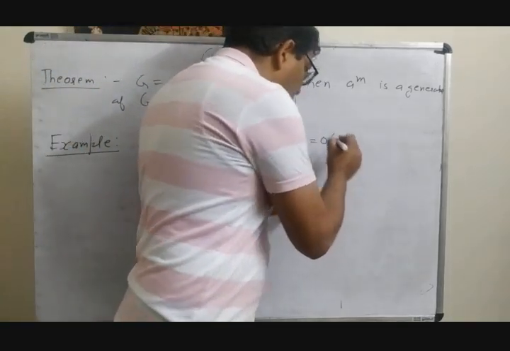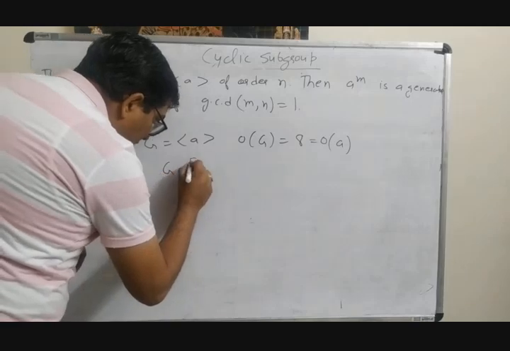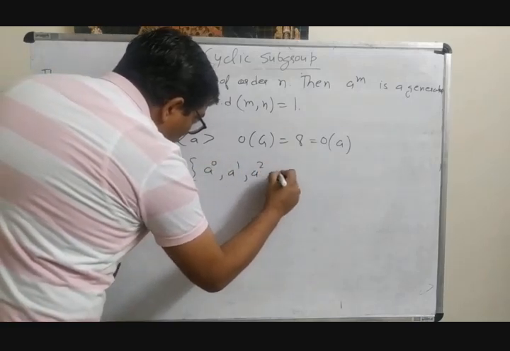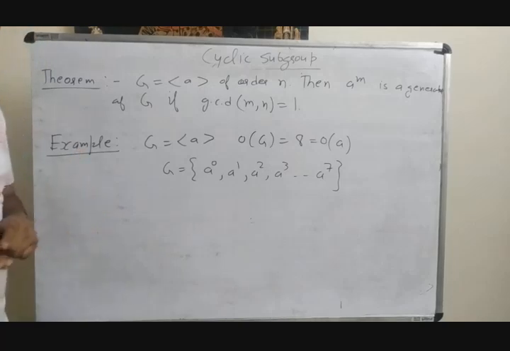So it must be the order of A also. So what is G basically? G is A raised to power 0, A raised to power 1, A raised to power 2, 3, up to A raised to power 7. 8 elements. After this, the elements will start repeating.